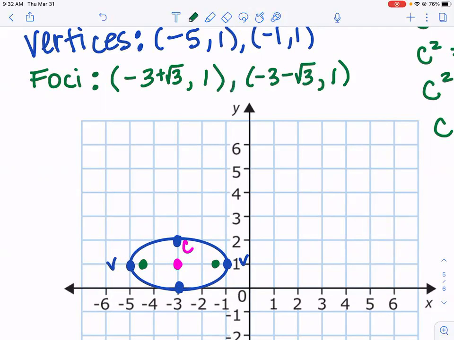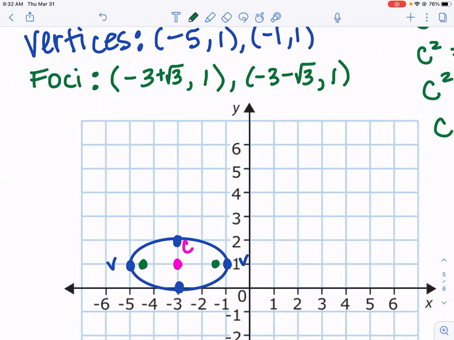So since we went right and left, we added radical 3 and subtracted radical 3 to our x coordinate. Are you okay with how I wrote that and why I did the x coordinate? We moved right and left, so we added radical 3 to our x, subtracted radical 3 from our x. And there's our ellipse.